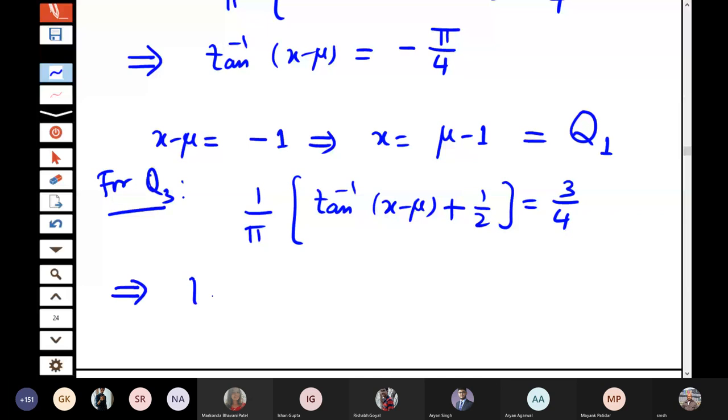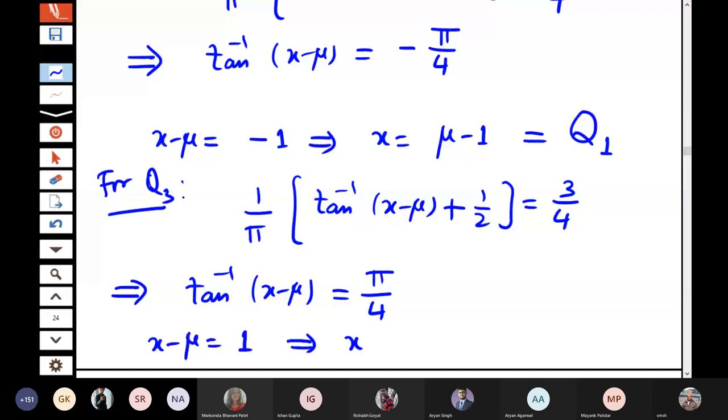So this gives me tan inverse x minus mu is equal to pi by 4. So x minus mu is equal to 1. This means x is equal to mu plus 1, that is Q3. So we have determined the quartiles of this here.